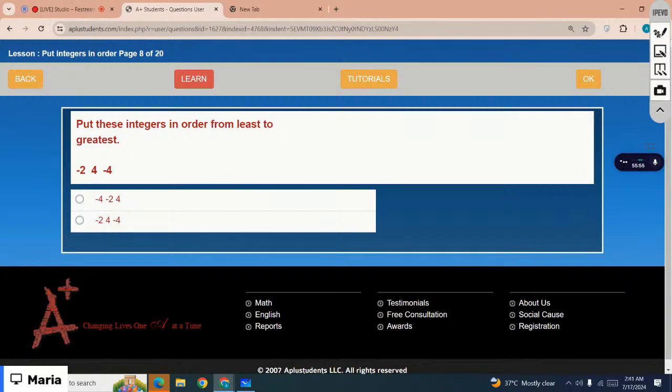Put these integers in order from least to greatest, so which is the correct option? That is -4, -2, and 4. Option number one is the correct option.